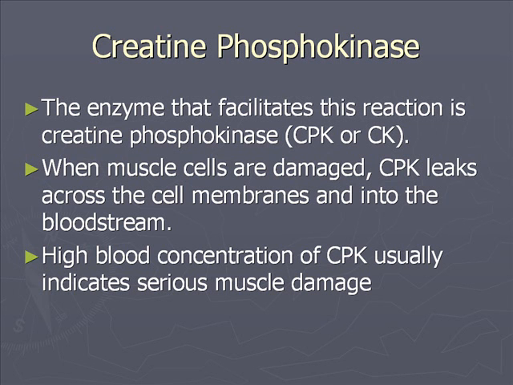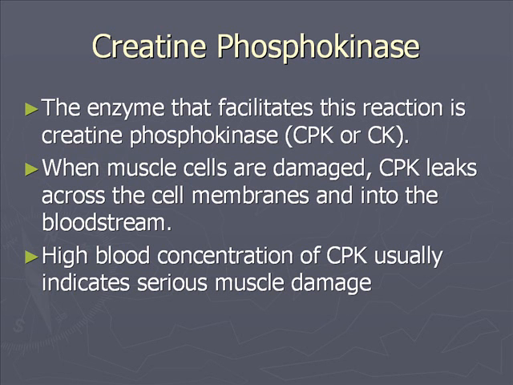So each of these particular muscles has particular markers in its CPK. After we see that the CPK is elevated and we know that there has been muscle damage, we fractionate that even further to find out if the CPK is from cardiac muscle, skeletal muscle, or smooth muscle of the GI tract. But it's a very important marker in diagnosing a person that comes in with a heart attack.